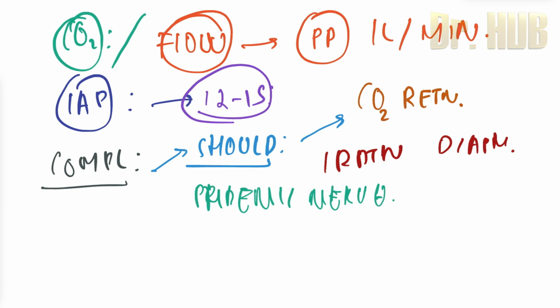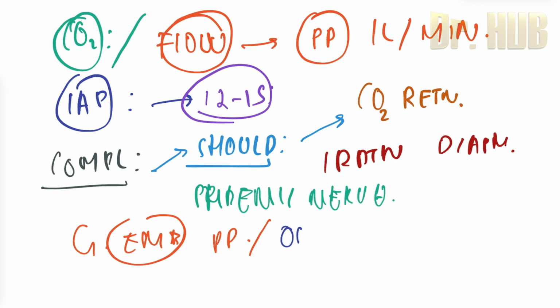Then moving on to gas embolism. Gas embolism can occur due to the induction of the pneumoperitoneum, with insufflation of the gas directly into an open vein, often carbon dioxide.